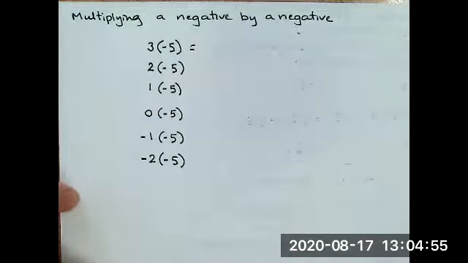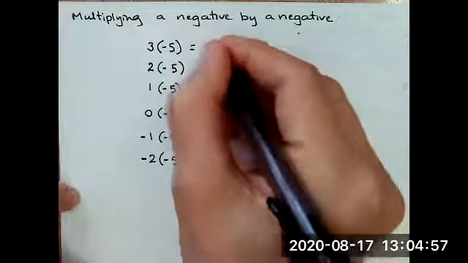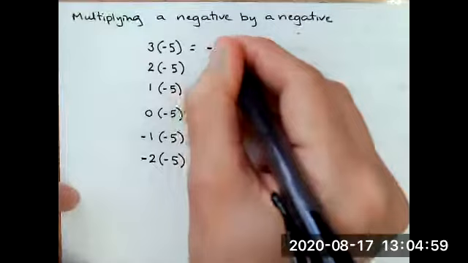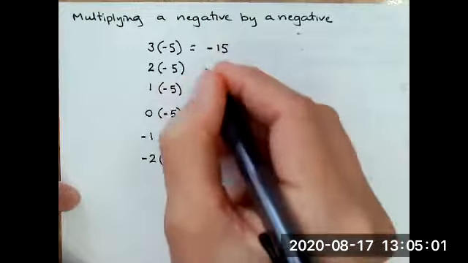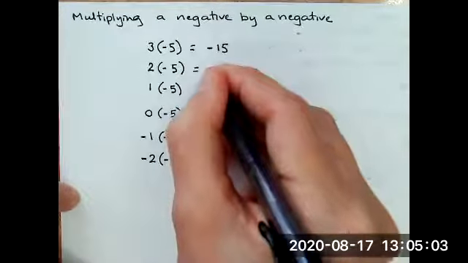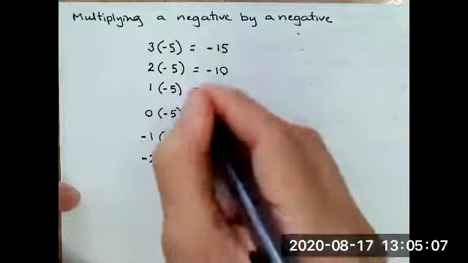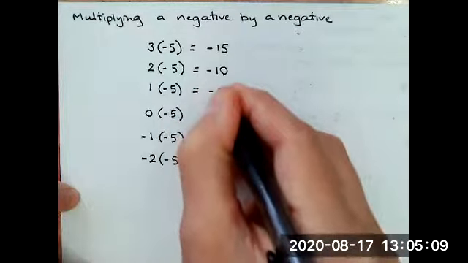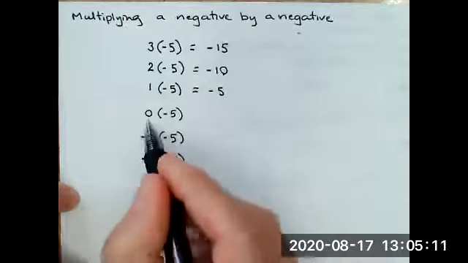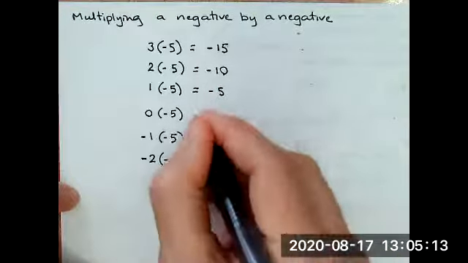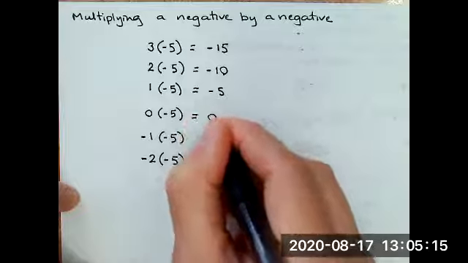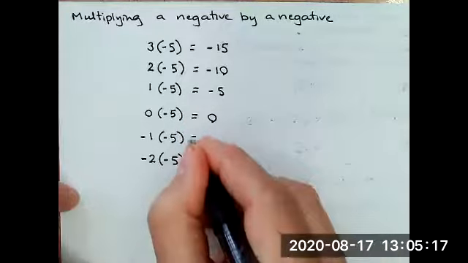For example, 3 times negative 5 is negative 15. 2 times negative 5 is negative 10. 1 times negative 5 is negative 5. 0 times negative 5 is 0. So what would come next?